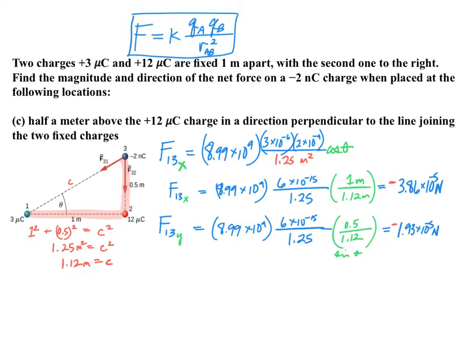So this will be negative. So that is correct. It's 1.93 times 10 to the minus 5th in magnitude. It's a minus because of that. Another way to know that it's minus is you could just use the sign on the minus 2 nanocoulomb charge. That would make it minus.